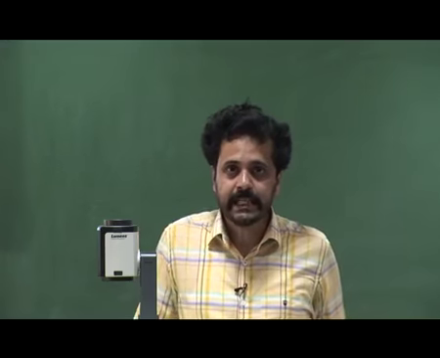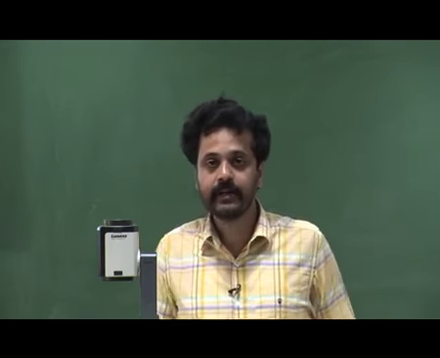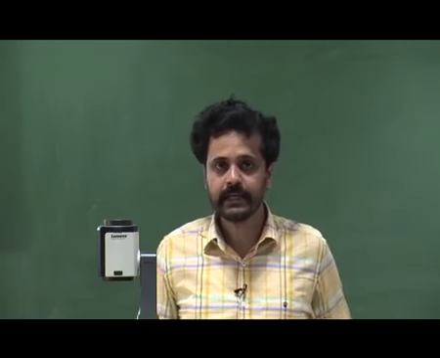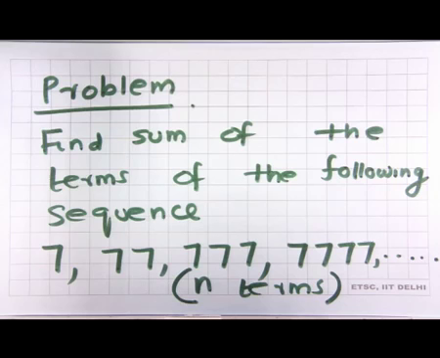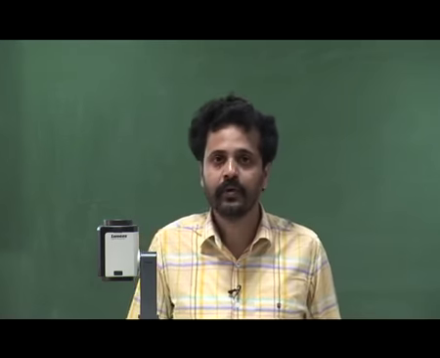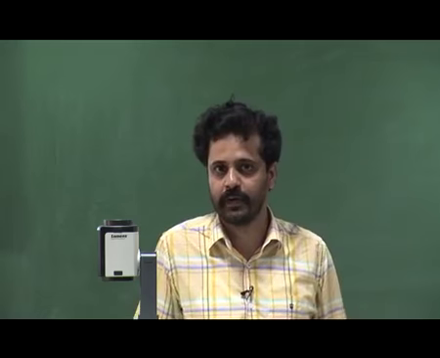One could easily observe that the given sequence, namely 7, 77, 777, and so on, is neither in arithmetic progression nor in geometric progression.